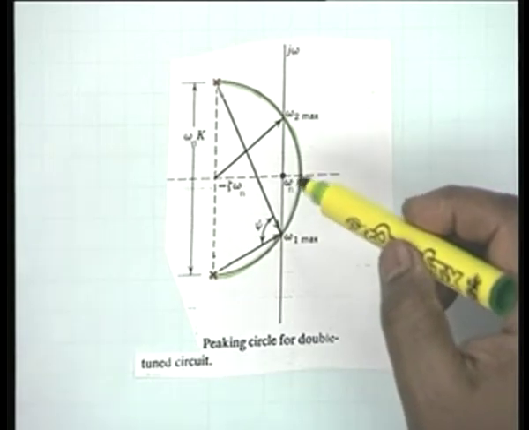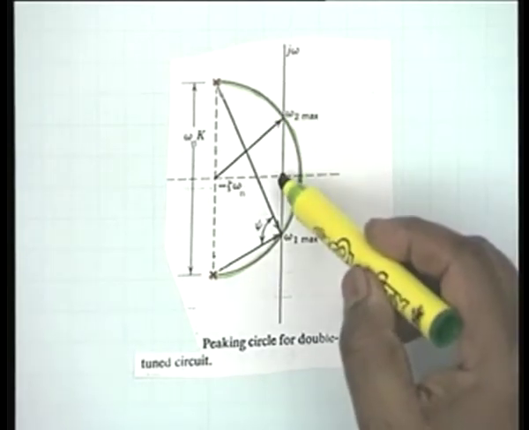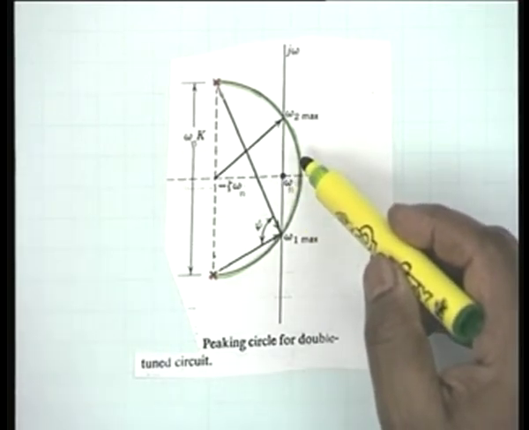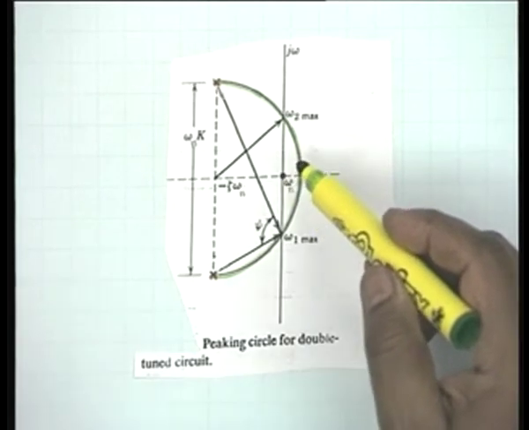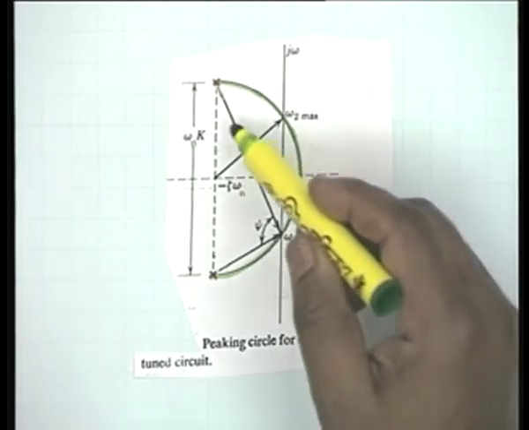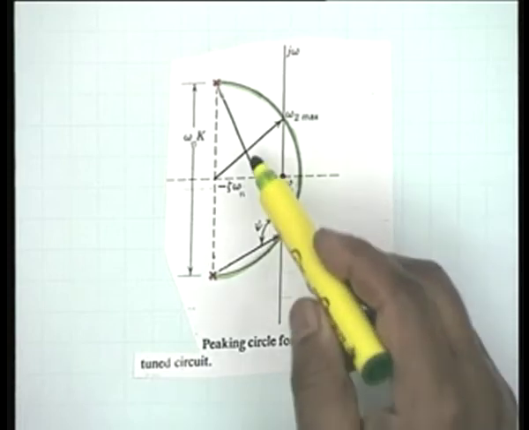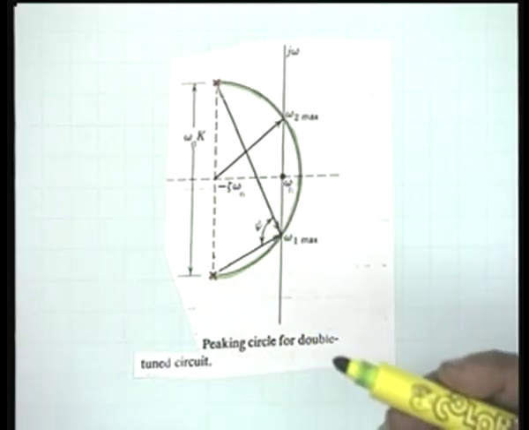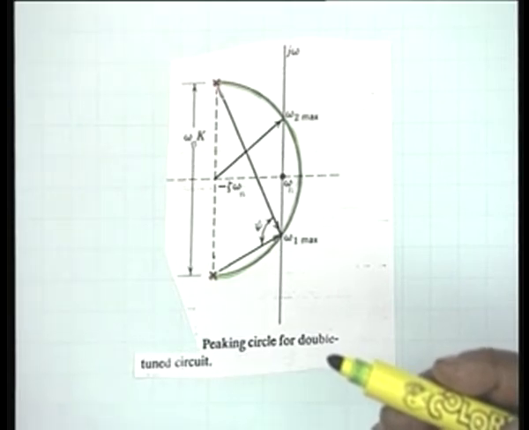If k is equal to 2 zeta, then this circle shall touch the j omega axis at omega equal to omega n, and when k is less than 2 zeta, then the circle will not touch at all. It will cross the real axis at a certain point, but it will not touch the j omega axis.